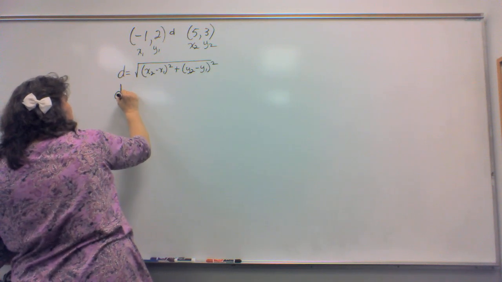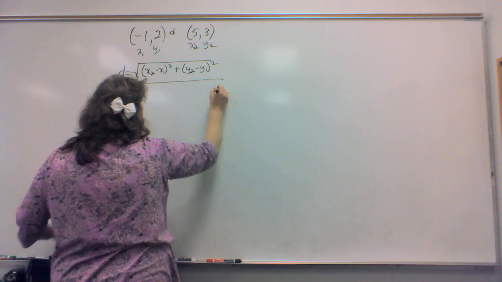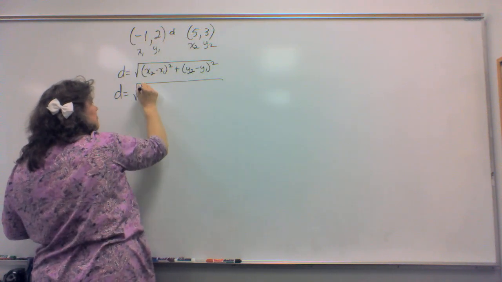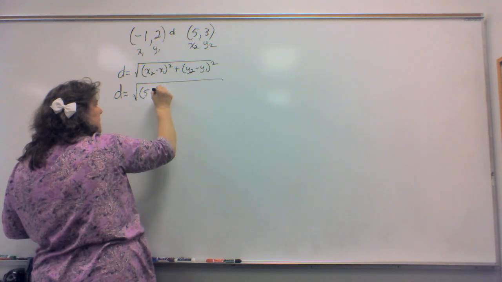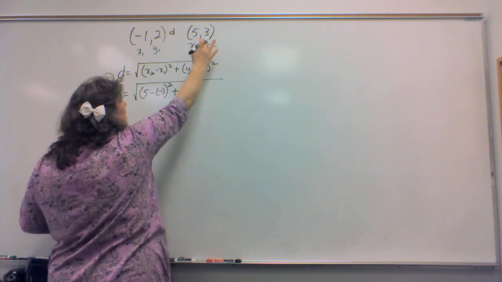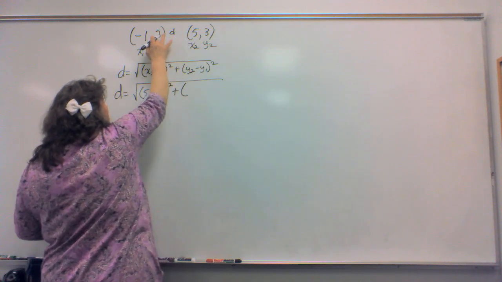So my d is equal to my square root of 5 minus -1 squared plus y, now 3 minus 2.